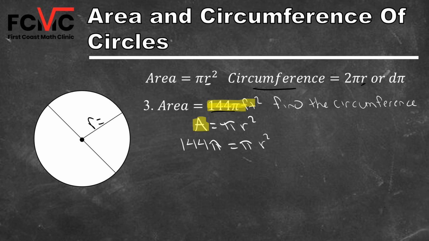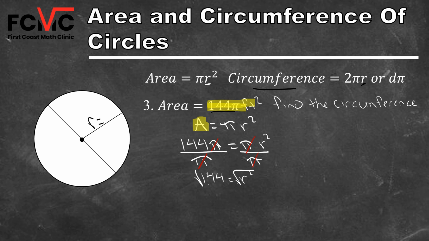And let's solve this for r. And once we solve for r, we could figure out our circumference, right? So the first thing I'm going to do is divide by pi and divide by pi. Pi's cancel out and cancel out. And we've got 144. So 144 equals r squared.